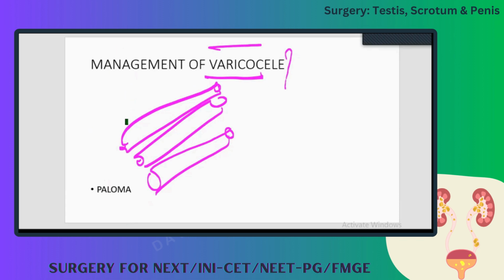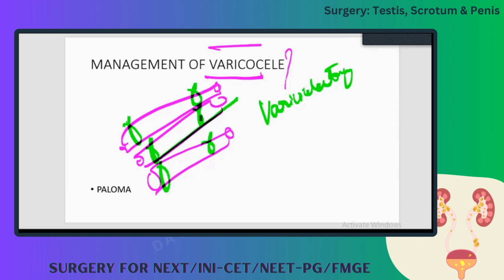You will just do a varicocelectomy. That means you will just ligate the vessels. Only one you will keep open so that it is enough for drainage. All the others you will ligate off. That is varicocelectomy, the management of choice.